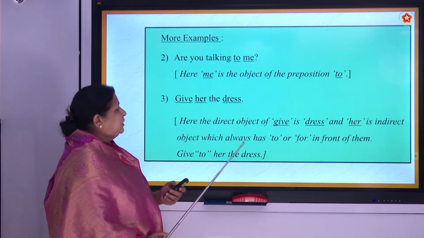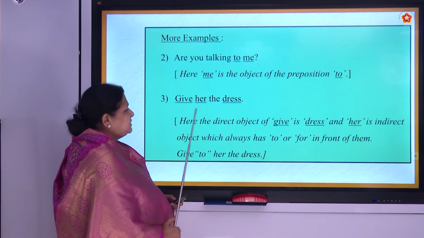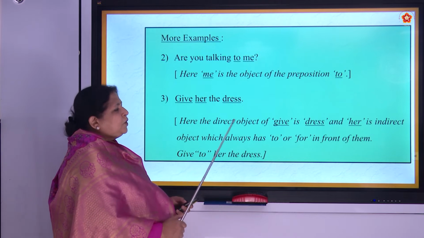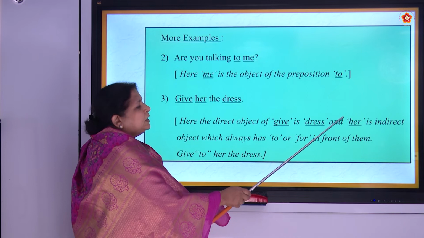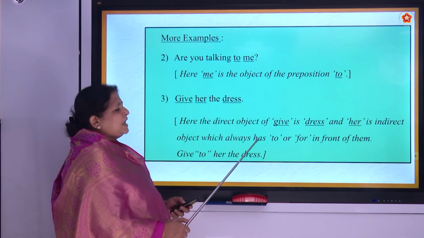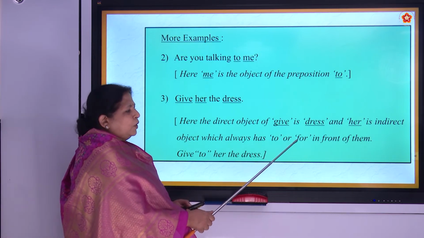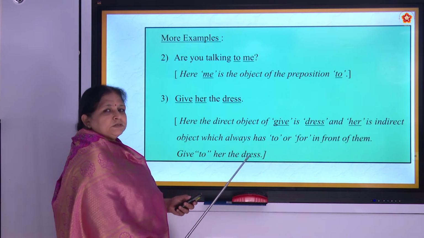Okay. Understood? I'll repeat again. Give her the dress. Here the direct object of give is dress and her is the indirect object which always has to or for in front of it. So, give to her the dress.